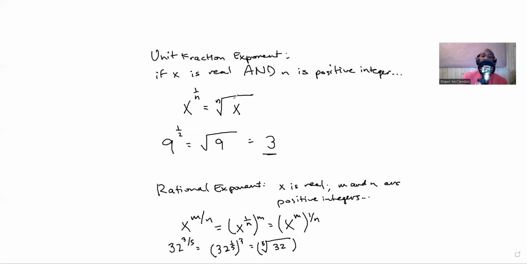And now I'm just applying this unit fraction exponent rule. There is a perfect 5th root of 32, and it's 2. So 2 times 2 is 4, times 2 is 8, times 2 is 16, times 2 is 32. So the 5th root of 32 is 2, and now you have 2 to the 3rd power, which is 8. 2 times 2 times 2 is 8.